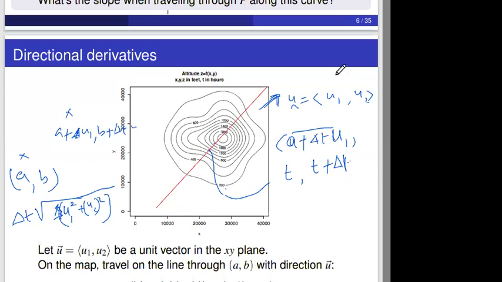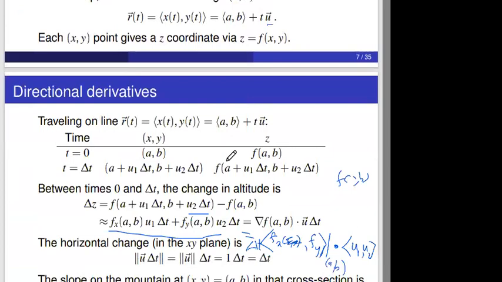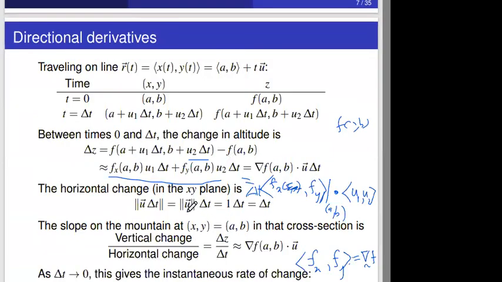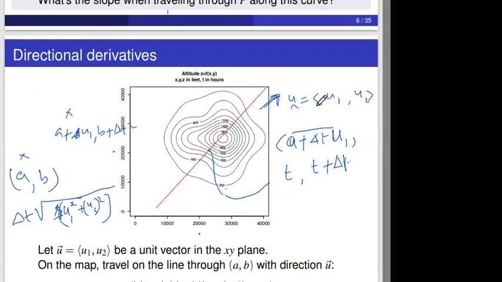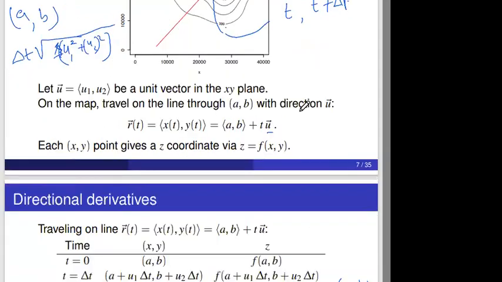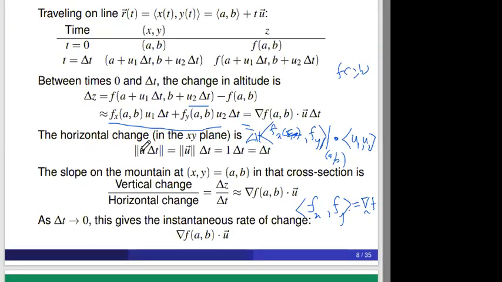So if this is a unit vector, so that its magnitude is equal to 1, then the change in the xy plane is delta t. You just find the unit vector along this straight line that gives the direction. So the horizontal change in the xy plane is delta t.